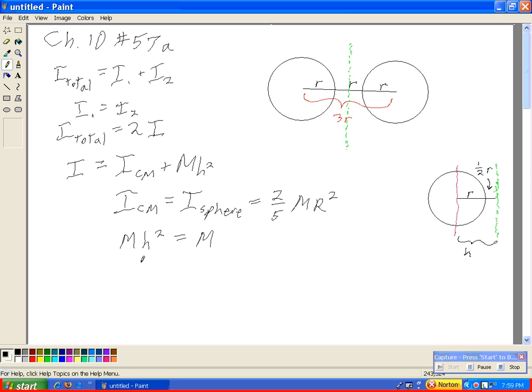So h will be r plus 1/2 r, so that's 3/2 r. That whole thing is squared. So that's 9/4 mr squared.